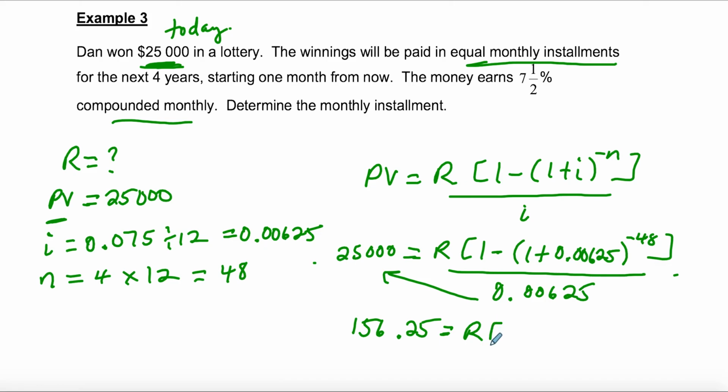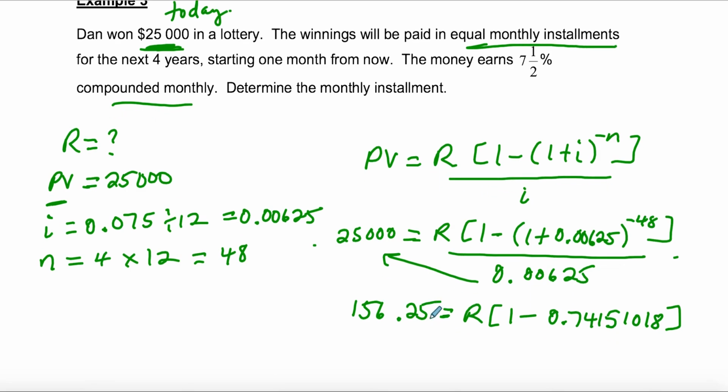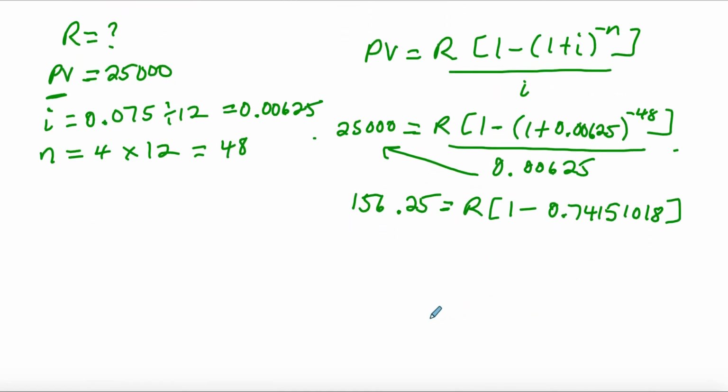And then this part here, I could figure this out. 1 plus 0.00625 equals, to the exponent negative 48. And you could then do 1 minus your answer because you wouldn't have to write all this down. I'm writing it down just to explain, but you don't have to write down everything.